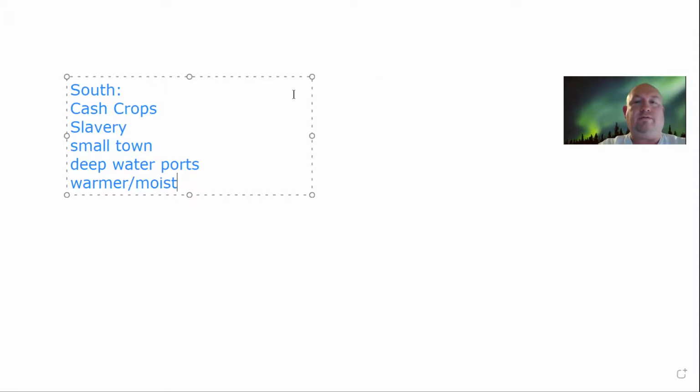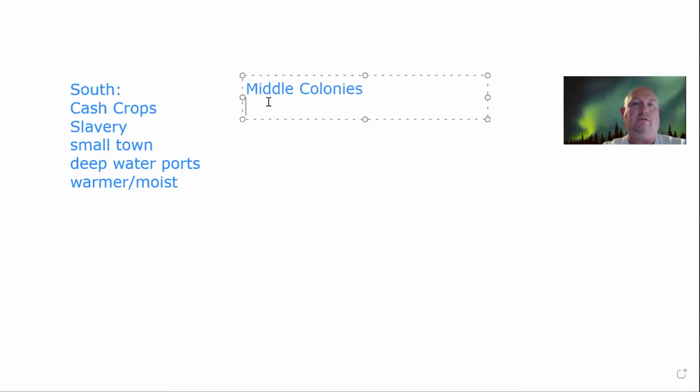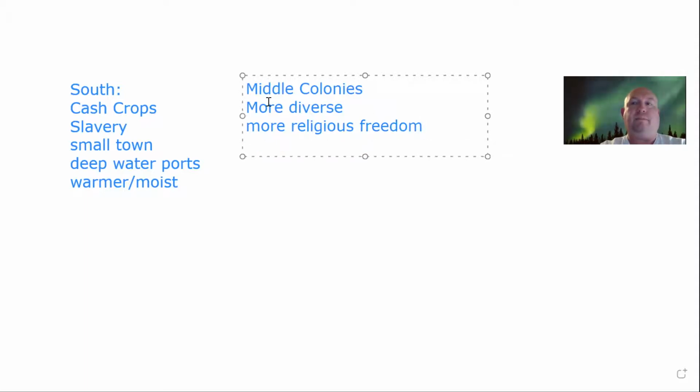So let's look over here for a bit at the middle colonies. Middle colonies are going to be more diverse, more religious freedom, going to still have farming and other industry.